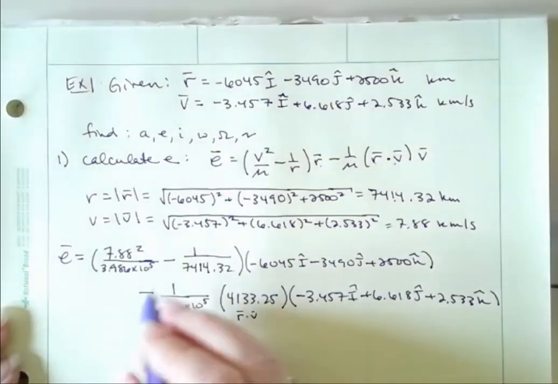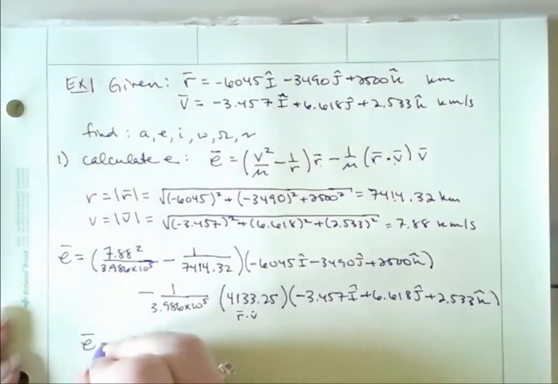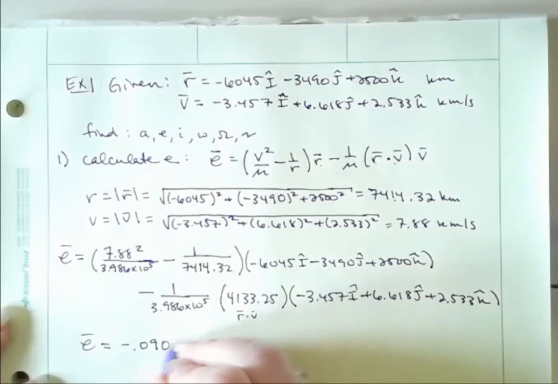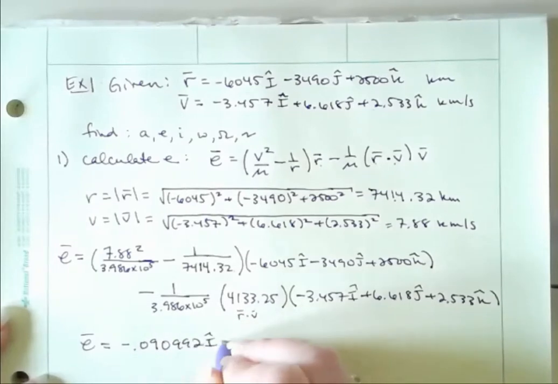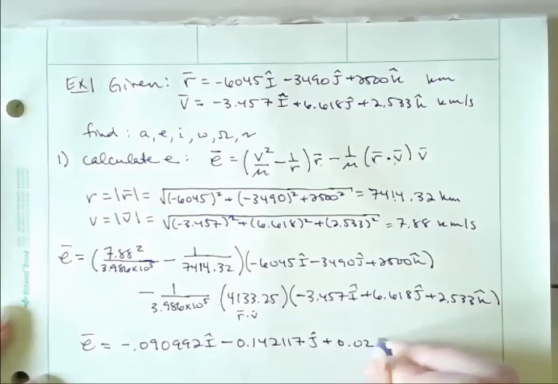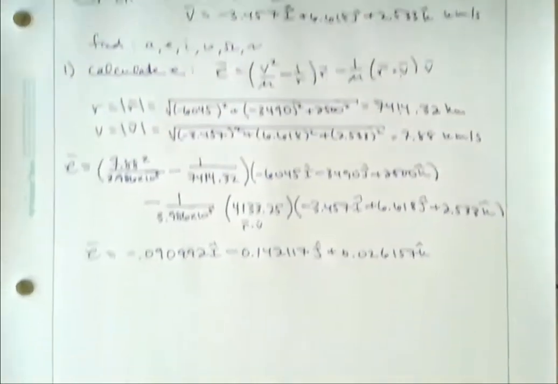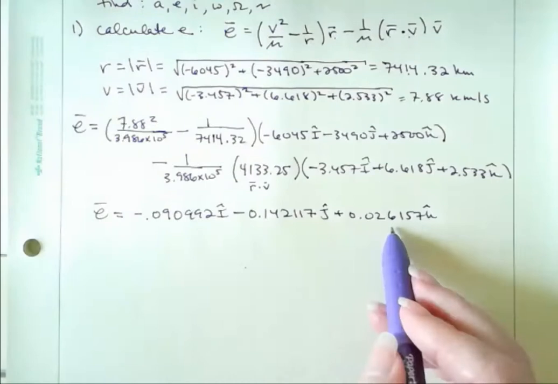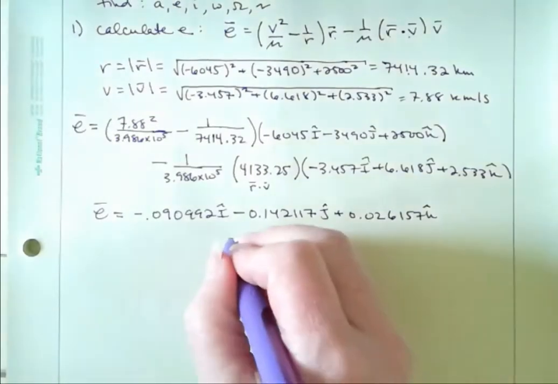Now we have that, so go ahead and do those calculations. Once you do that, you get the three IJK components: negative 0.090992 I minus 0.0142117 J plus 0.026157 K. Now you have this vector, you can take the magnitude of the vector to get e.